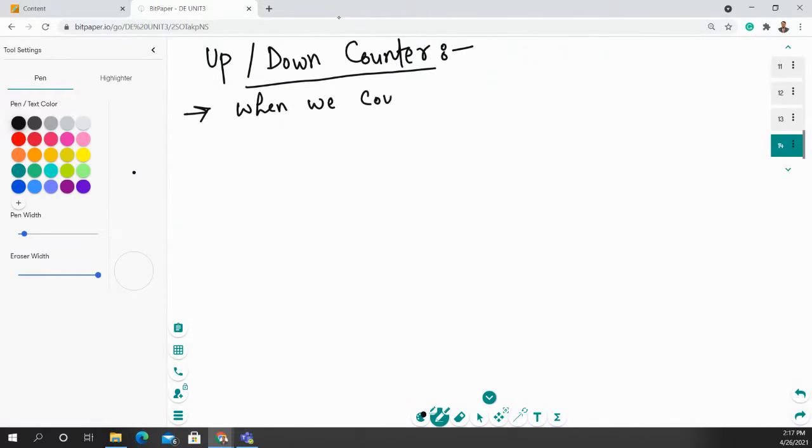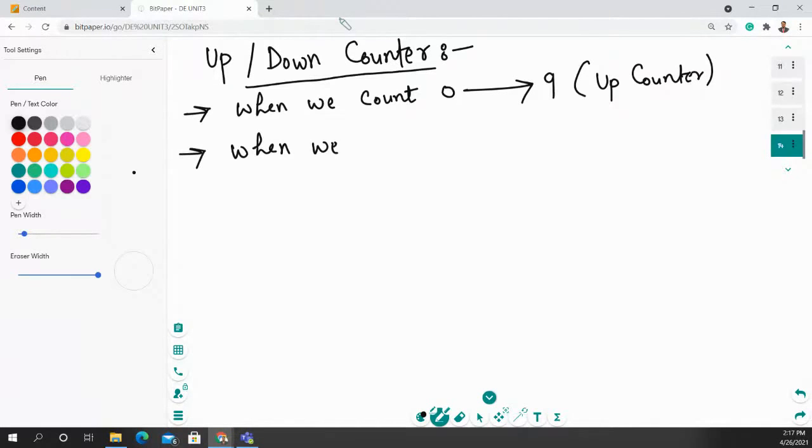Count from zero to 9, it is an up counter. And second, when we count from 9 to 0, it is called a down counter.